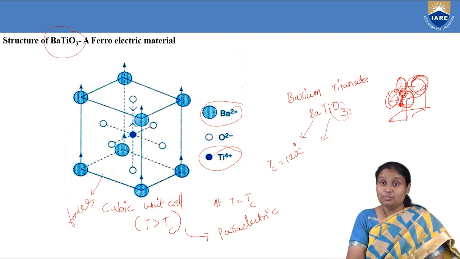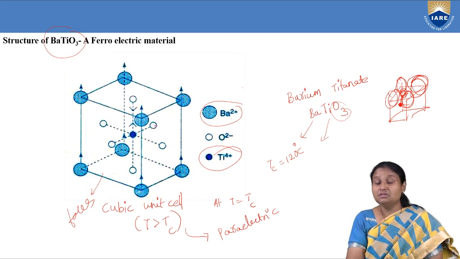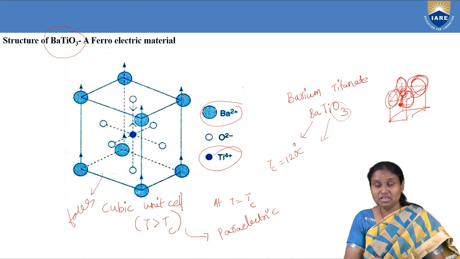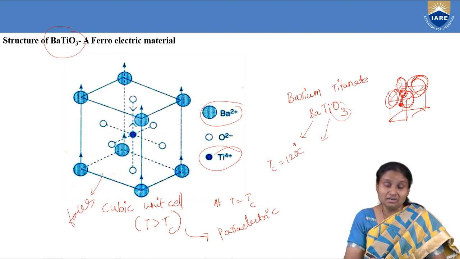Positive and negative ions are not separated from each other, so they have a symmetrical structure, which is cubic. Because positive and negative ions are not separated, there is no dipole. No dipole moment means the material is in the paraelectric state.